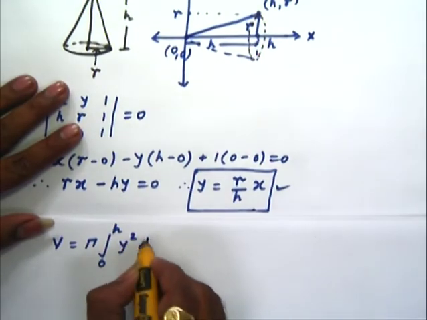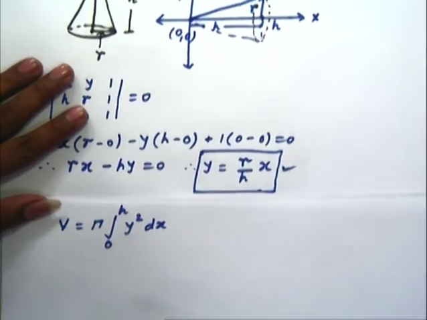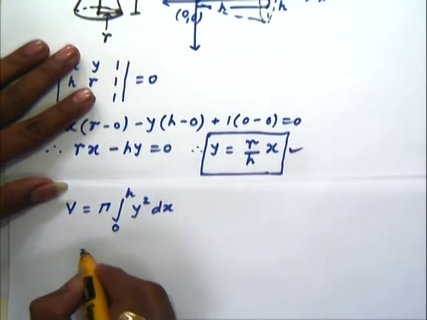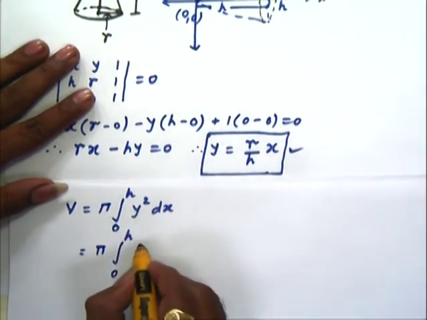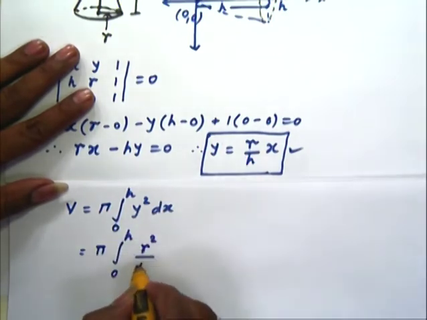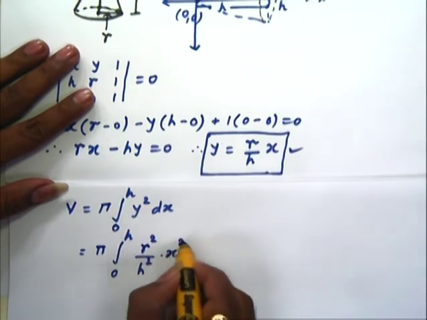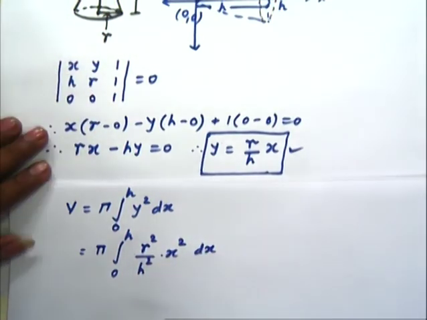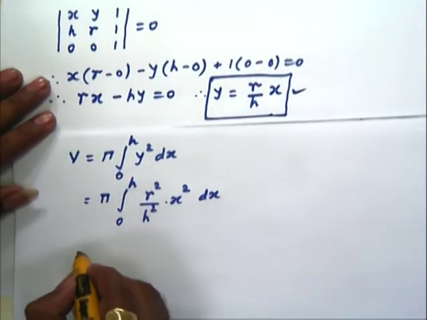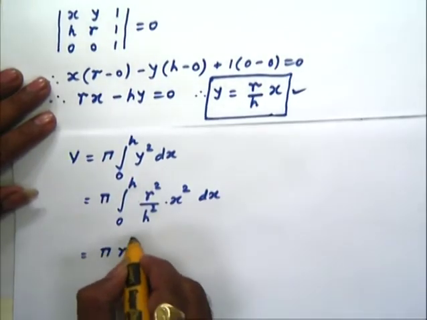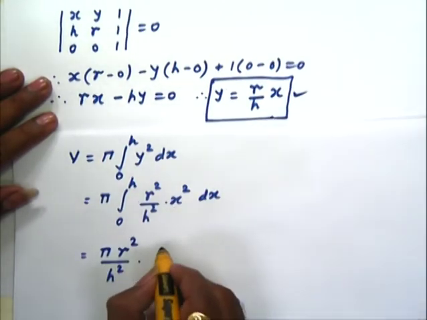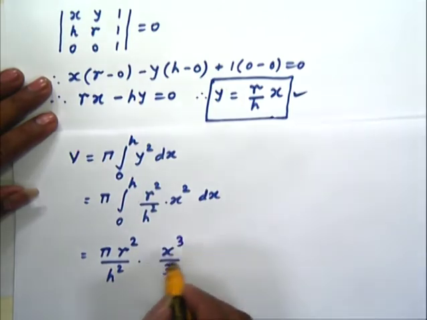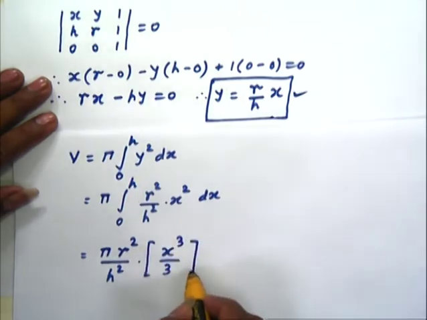y square dx. Okay, this is equal to pi integration 0 to h, y square is r square upon h square into x square dx, is equal to pi, r square is constant, h square is constant, integration of x square is x cube by 3 from 0 to h.